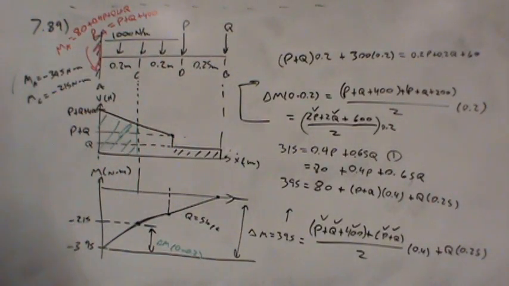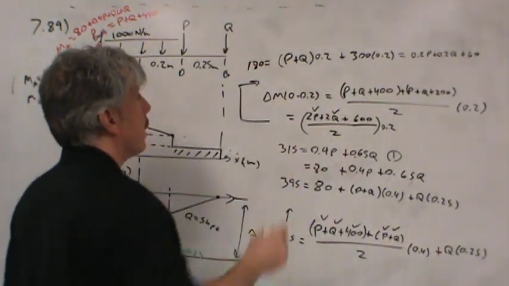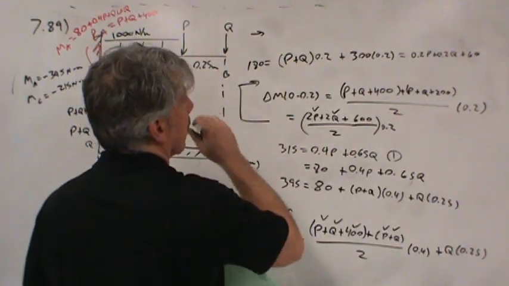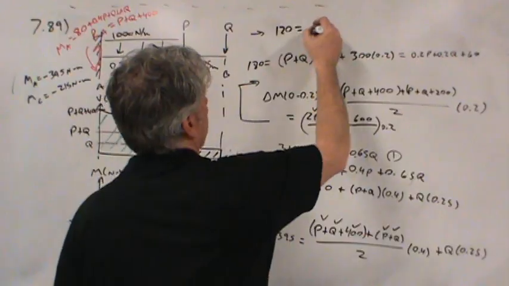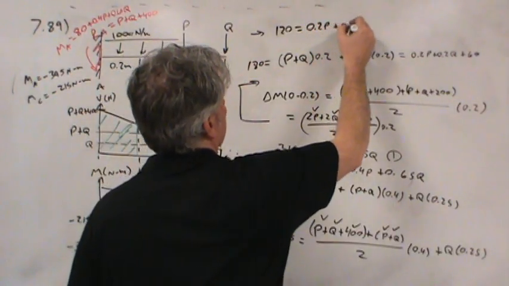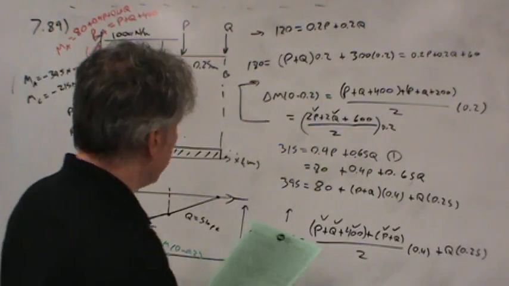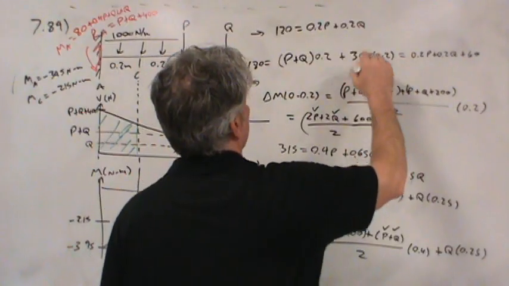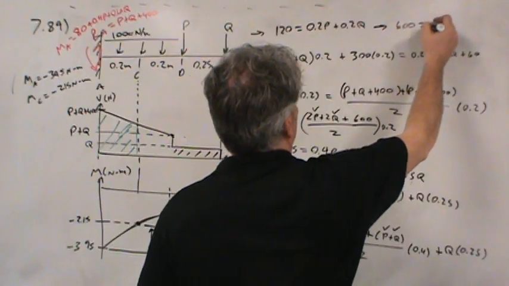It's 395 less 215, that's 180. And so if we take the 60 to the other side, we'd have 120 equals 0.2P plus 0.2Q. And then if we divide that 0.2 back out, I shouldn't have distributed it, I guess, we'll get 600 equals P plus Q.